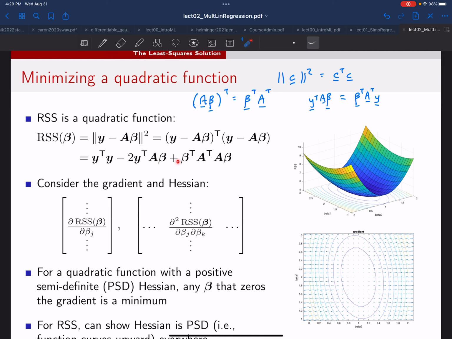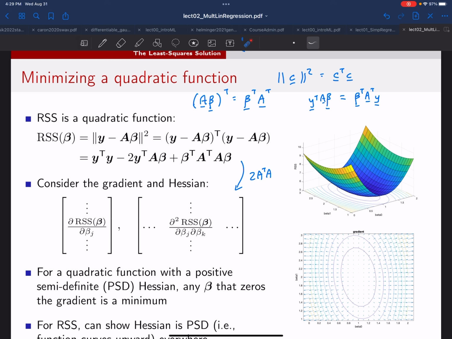And the last thing is you would compute this Hessian for this, and it turns out you're going to get 2 times A transpose A. We don't have to worry about those details right now, but we can see exactly what it is. And what we need is that the matrix is so-called positive semi-definite, and symmetric, and it turns out, because of this particular structure, that it always is. So we're going to get back to that in a few units.